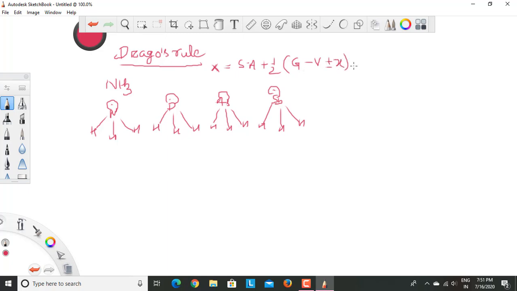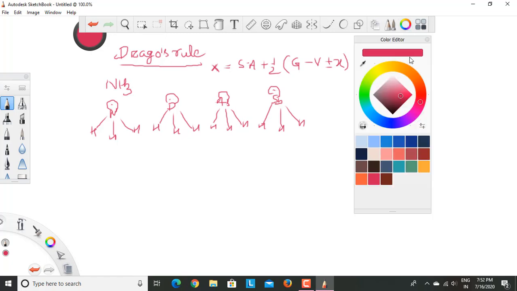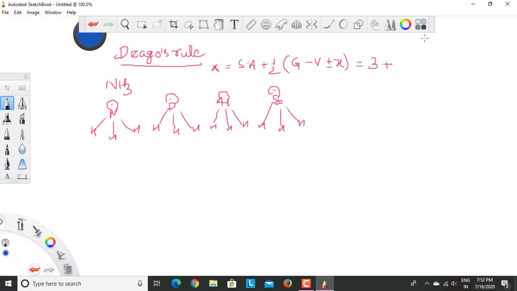So let us apply this formula for NH3. The surrounding atoms, how many? 3 hydrogens are there, so 3 plus half into the ground state valency electron of central atom.